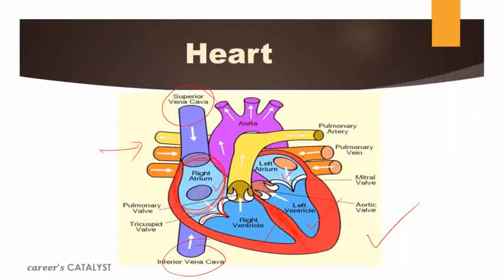After the opening of this tricuspid valve, the blood will rush into the right ventricle. When the blood pressure increases here also, then via this pulmonary artery, blood will move to the lungs for oxygenation. Listen carefully, this pulmonary artery is the only artery which carries deoxygenated blood.